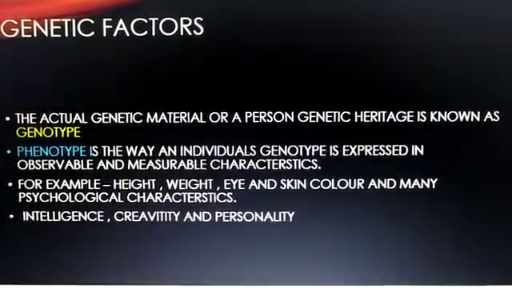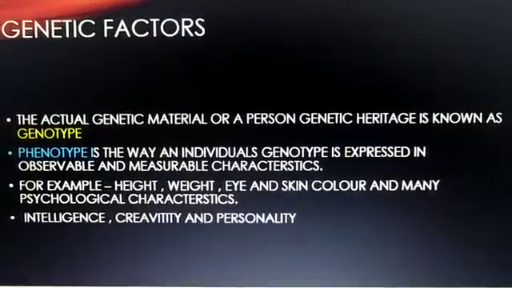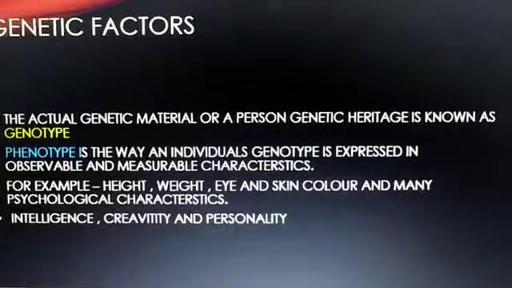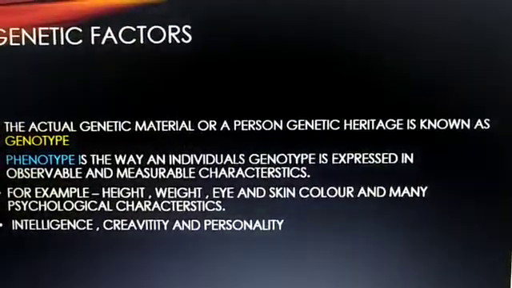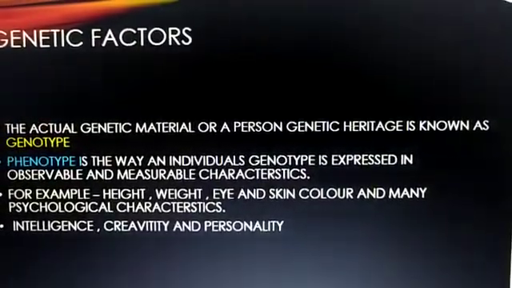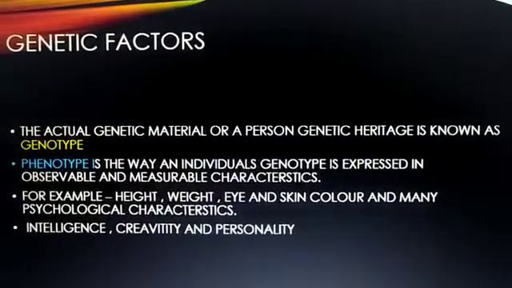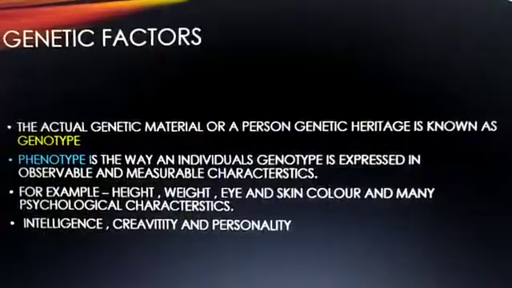So children, the trait which can be observed and measured is known as phenotype. Whereas if we talk about genotype, not all of this genetic material is identifiable in our observable characteristics. So that is known as genotype.